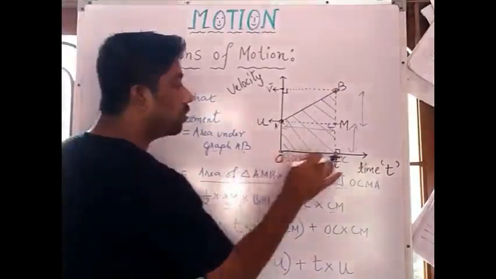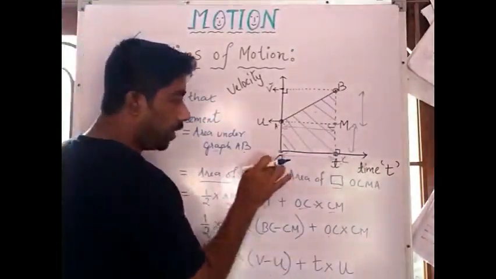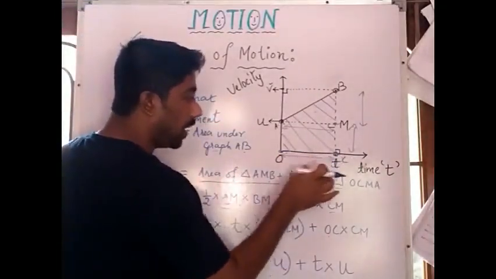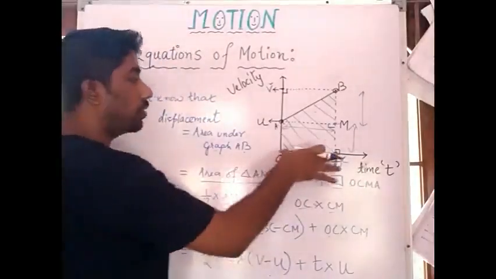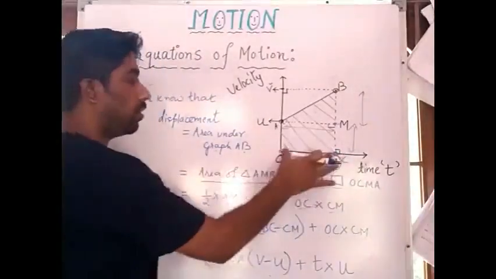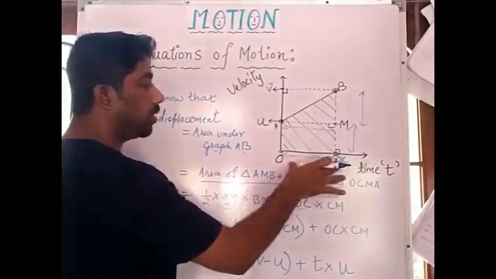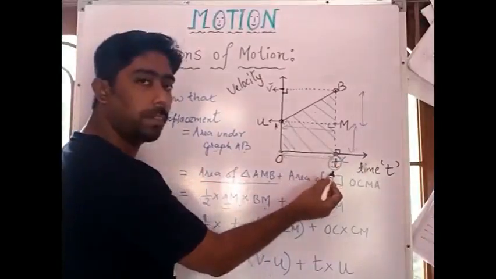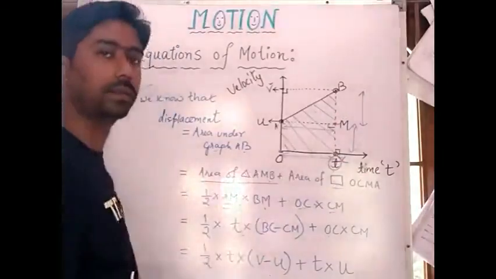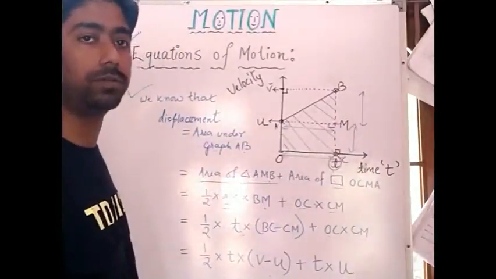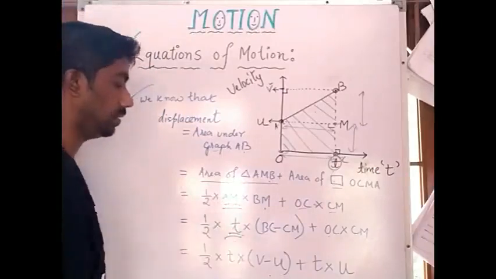If you go from point O to C, what is the time? At point C you have marked T. So the OC segment corresponds to time T, and since OC is equal to AM, AM also is equal to T. So in place of AM, we substitute T.